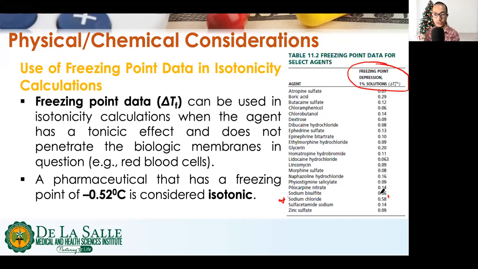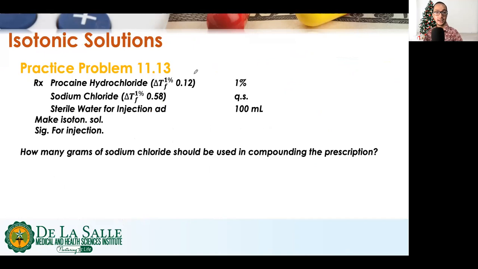So take note that 1% sodium chloride has a freezing point depression that is equivalent to 0.58 degrees Celsius. And we can use that to determine the amount of sodium chloride that will make an isotonic solution. Meaning to say, a solution that has a freezing point depression that is equal to 0.52 degrees Celsius. So how are we going to use the freezing point depression?